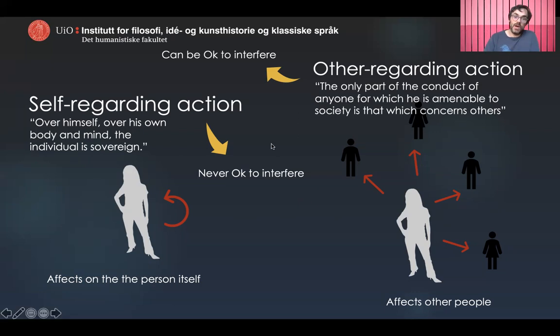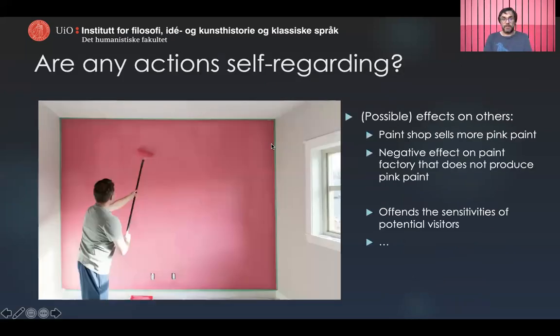When we read it this way, though, we're going to find out that very, very few actions are in fact self-regarding. Almost every action you can think of is going to be other-regarding in some way. Why? Because it has some effects on others.